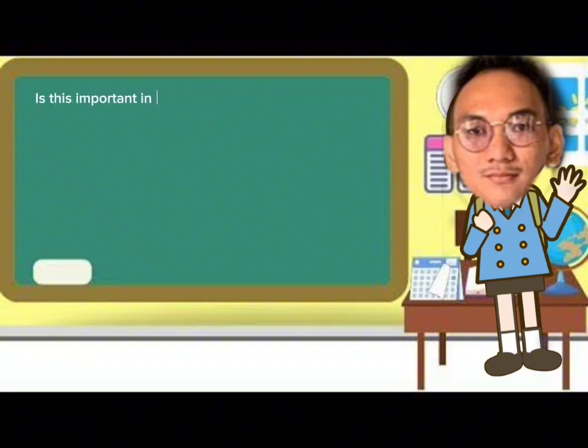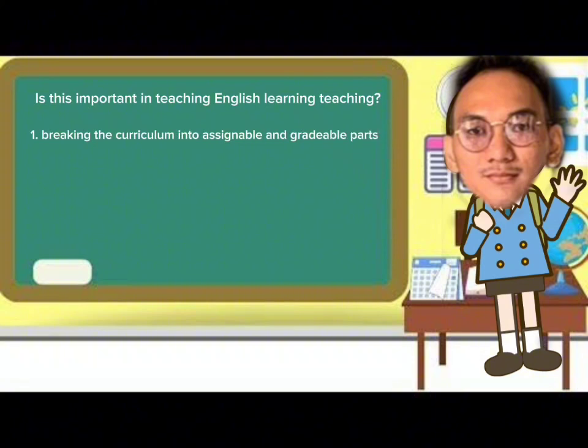So, is the virtual learning environment very effective for teachers to use in learning? This is very effective because the main components of the virtual learning environment include curriculum mapping, breaking the curriculum into assignable and gradable parts, student tracking, online support for teachers and students, electronic communication, email, discussion, chat, web publishing, and internet links to outside curriculum resources.